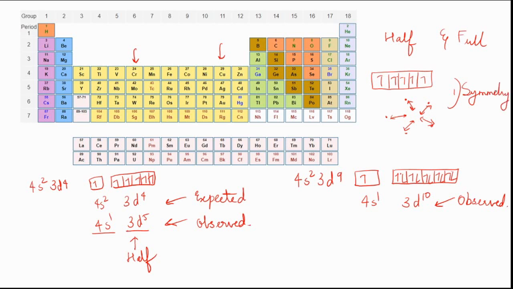The second reason for the stability is the exchange energy. So what happens when the electrons are, let's say, half filled? So this is a half-filled configuration.